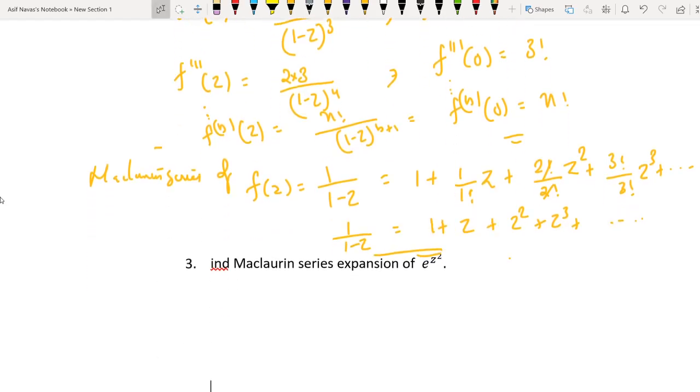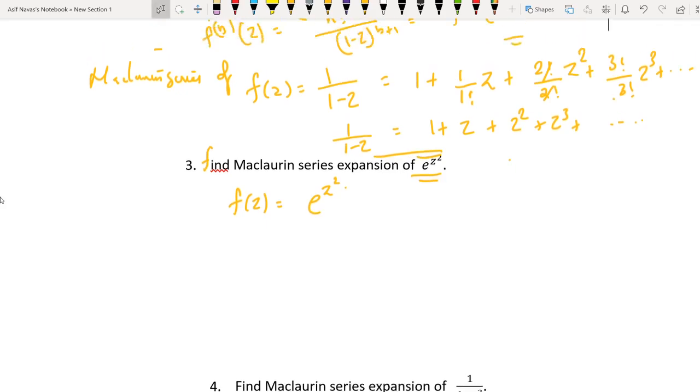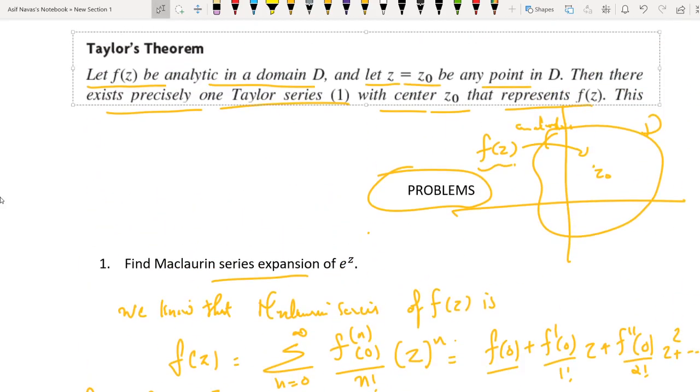Now we know that. Now next question, find the Maclaurin series of e raised to z square. So here f of z is equal to e raised to z square. And we know by Taylor's theorem that the Maclaurin series or Taylor series expansion is unique.